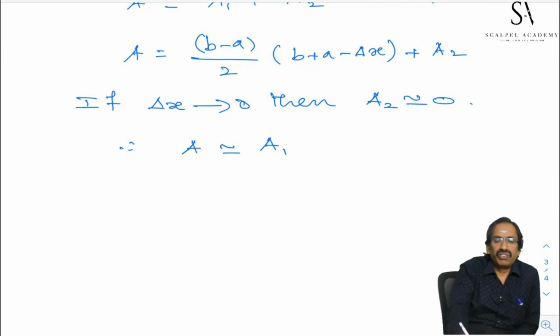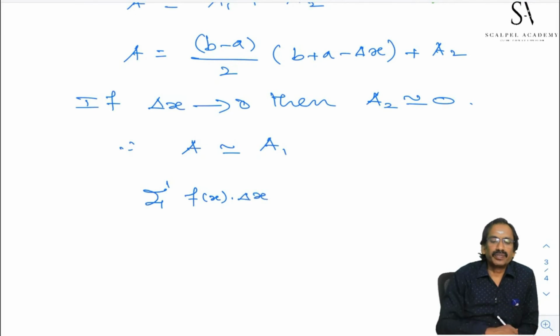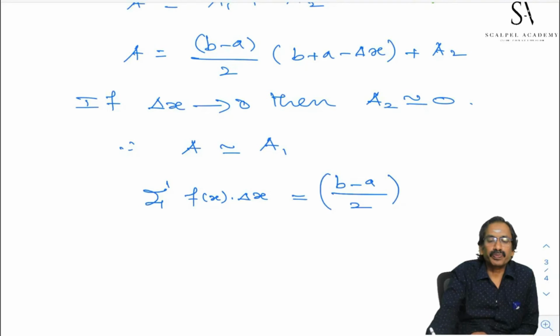This is the sum of the areas of rectangles, that is f of x into delta x, that's equal to A1. What we got in our problem: A1 as (b minus a)/2 into (b plus a minus delta x).